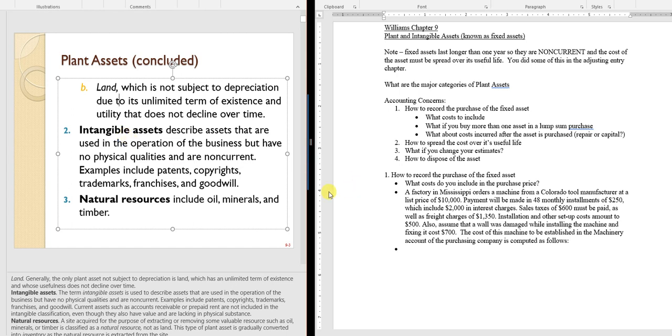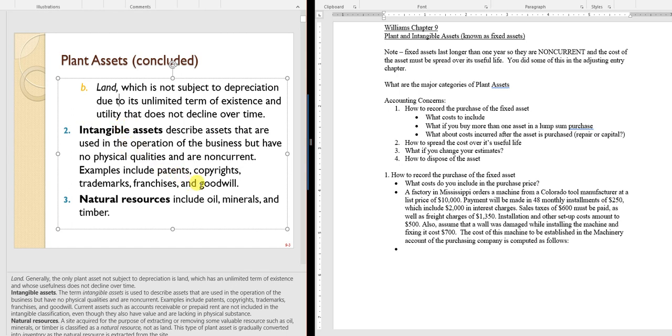So if I write a song, or I have a trademark for my business, or I start a new franchise, or create something that I want to patent, I go into the legal system and file a piece of paper that says this is mine. You can't touch a patent, and songwriters can't touch a song. So those are intangible assets.